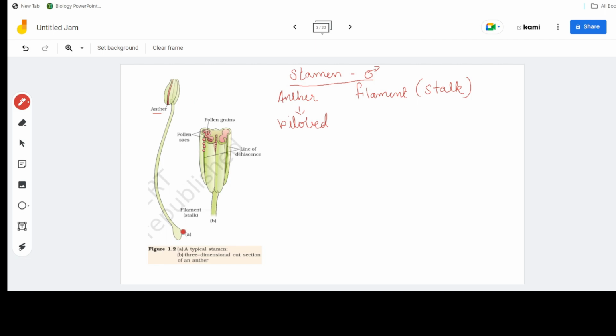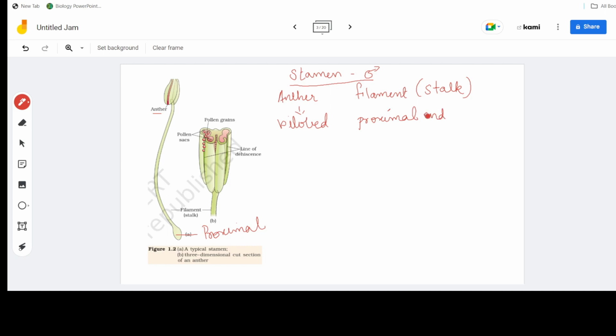And this region is considered the proximal end. Proximal end is the end which gets attached to the thalamus. So the filament is proximal, and at its proximal end it is attached to the thalamus.